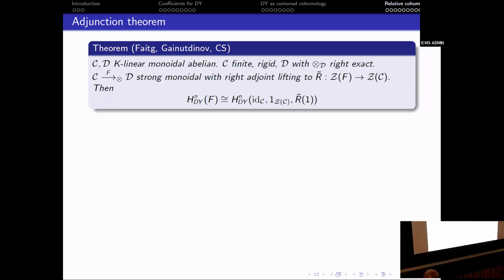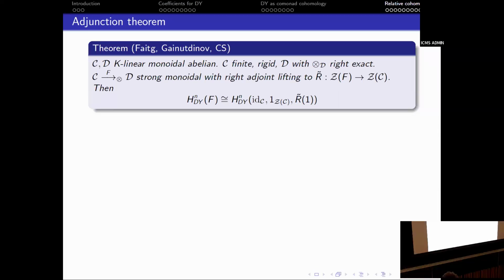Now what can we do here? If the setting is correct, which means that C is finite and rigid, and D has a right exact tensor product. And I'm skipping here for D things like rigid, because we want to study module categories, and module categories are functors into endofunctors of a category, and there's no reason why these endofunctors are rigid. So this is deliberately weakened here in this way.